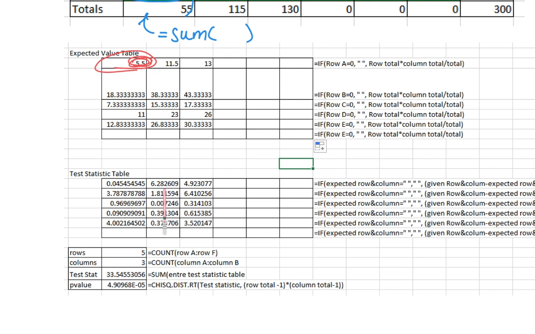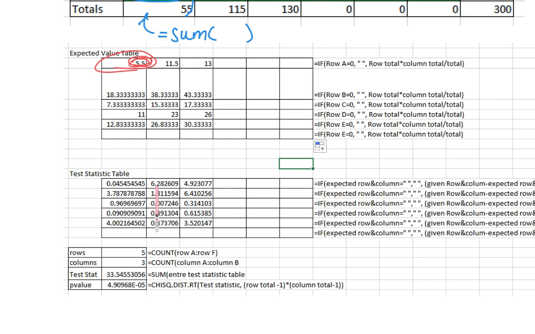So this one, again, is the second column, first row. The expected row and column is this number. So I'd grab this cell and say, hey, if this thing is not equal to 0, then this is what I want you to do. If it is equal to 0, then you do nothing. So that's what this says, expected row and column.